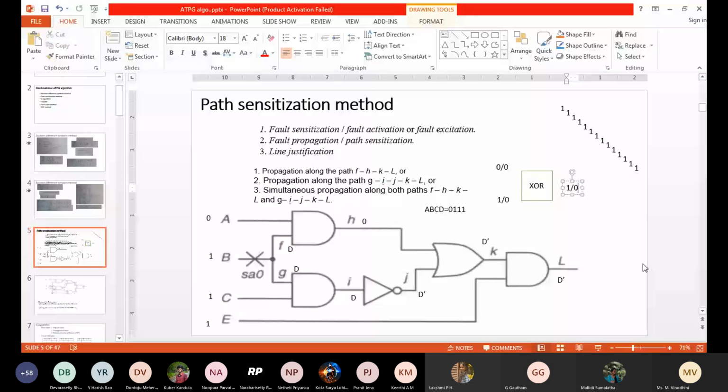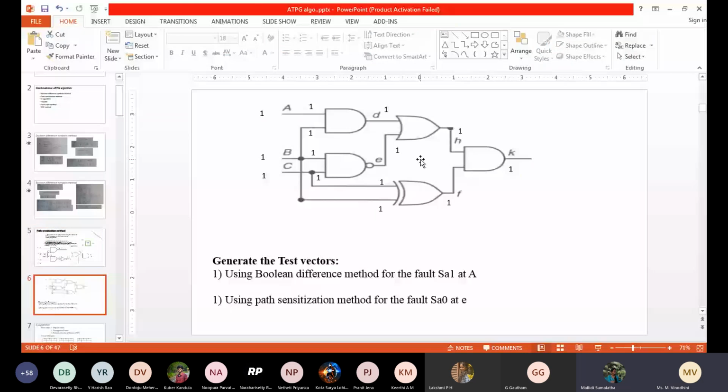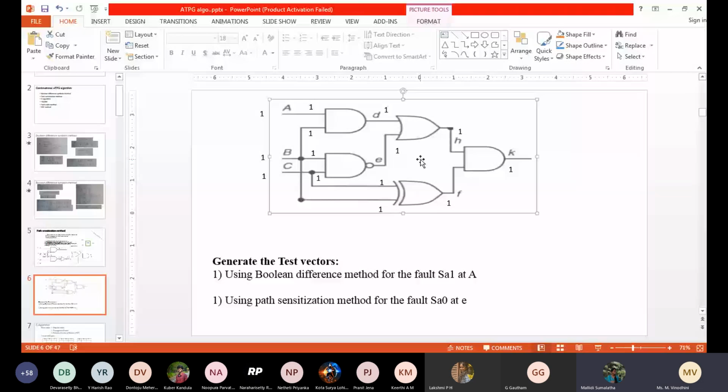Clear? Yes. Now take this circuit. Here, fault is at E. Fault is present at E, stuck at 0. Using path sensitization method, for the fault stuck at 0 at E, find the test vector.